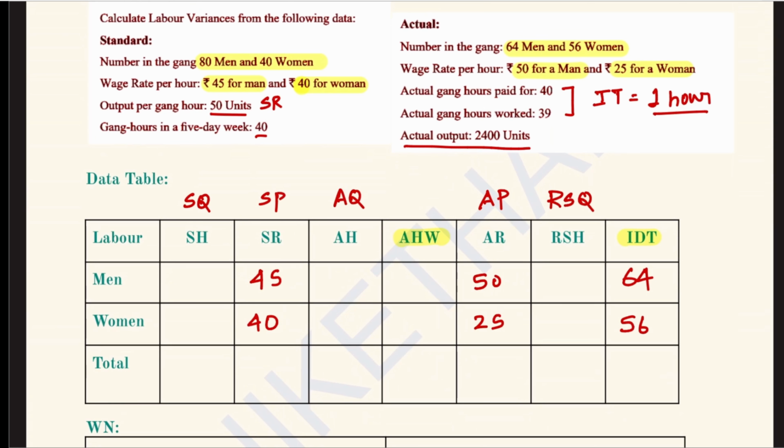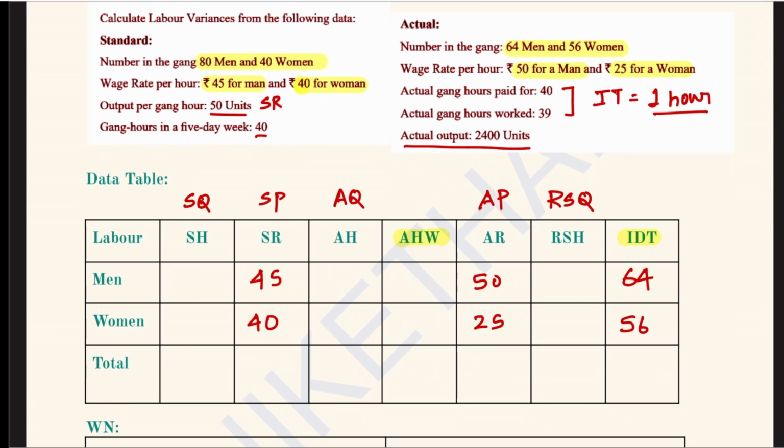To do this, I have to look at the output. How much output was produced? Typically, 2400 units were produced. But what is the standard? As per the standard, gang hours in a 5-day week is 40 and they will produce 50 units per hour. So these two are my standard data.